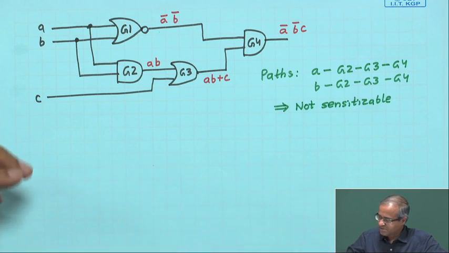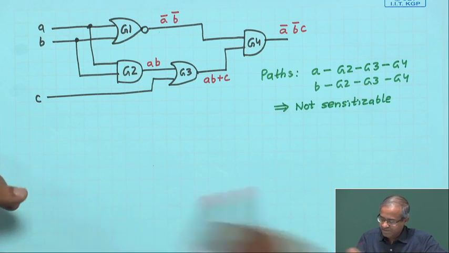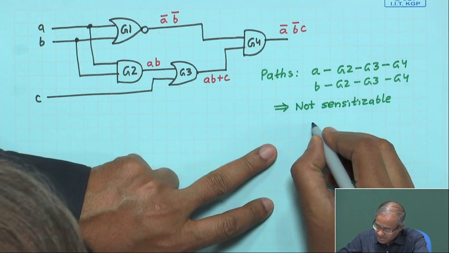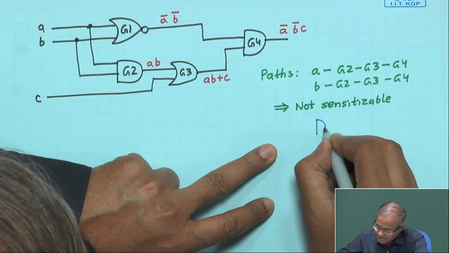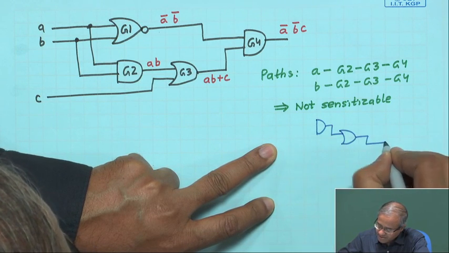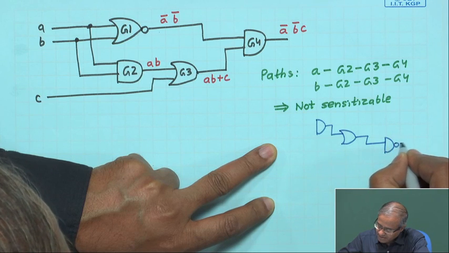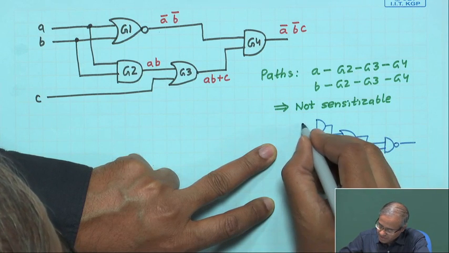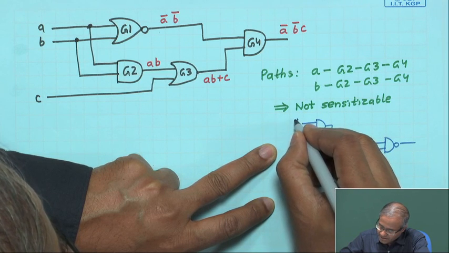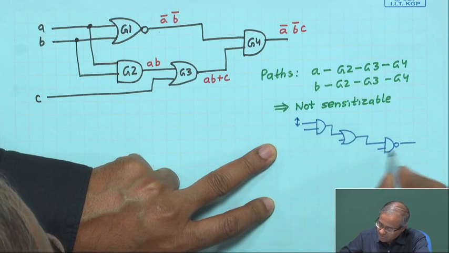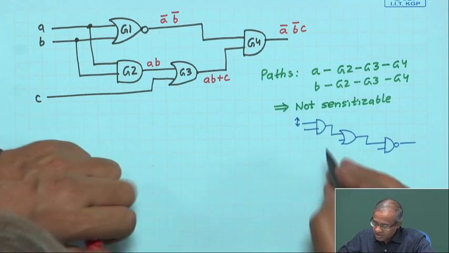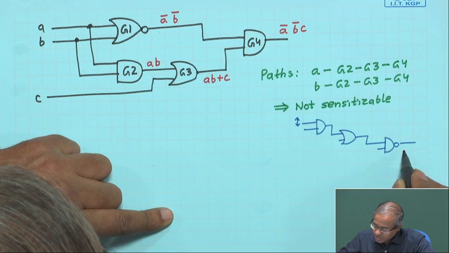So, what do we mean by sensitizable? You recall we mentioned that if I have a sequence of gates along a path, let us say an AND gate, then an OR gate, and another NAND gate, with the other inputs there. If I want to propagate a signal from one line along this path, I have to apply non-controlling values to the other inputs along the gates.